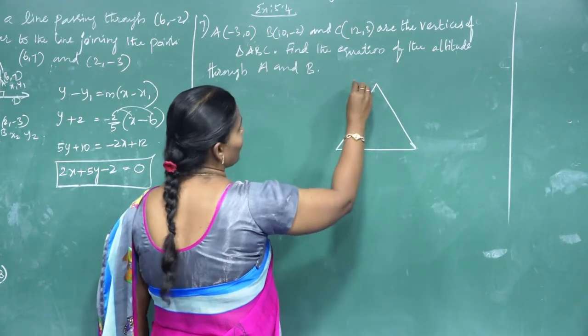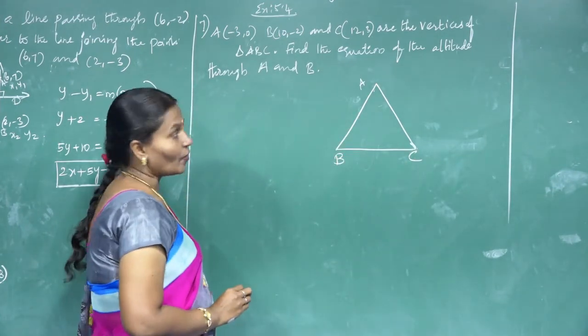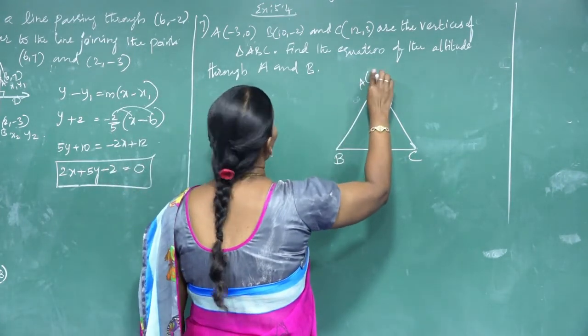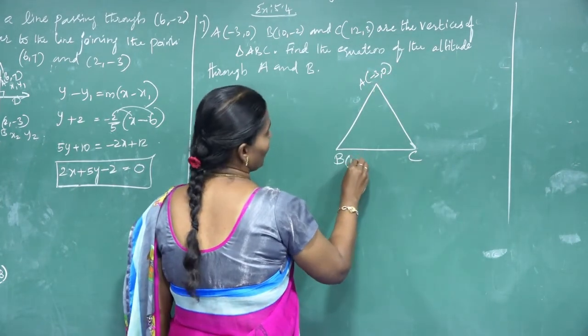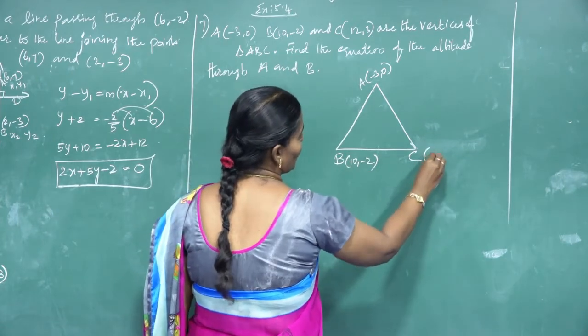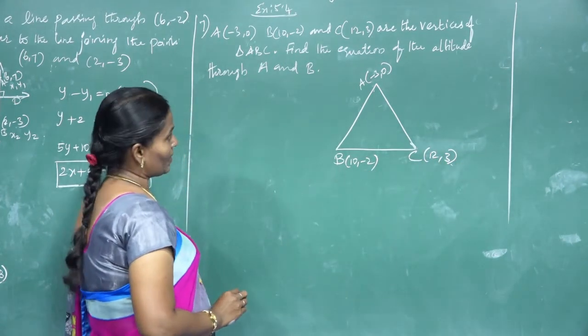Now consider A, B, C. A is (-3, 0), B is (10, -2), and C is (12, 3), the vertices of triangle ABC.